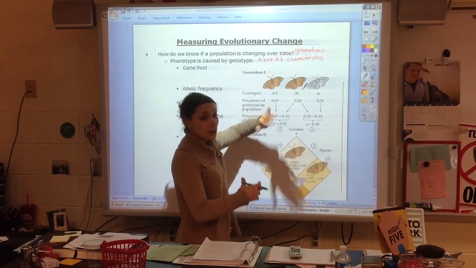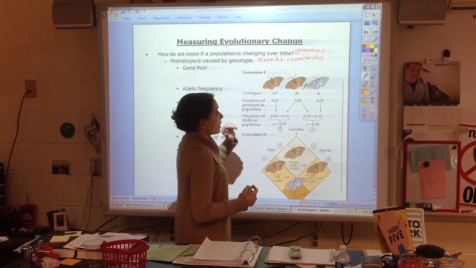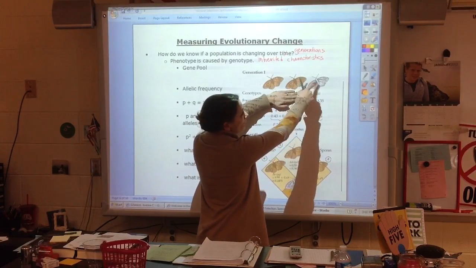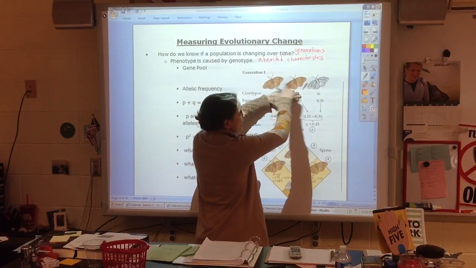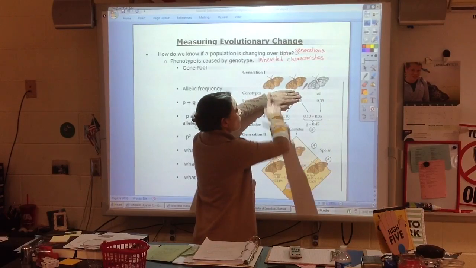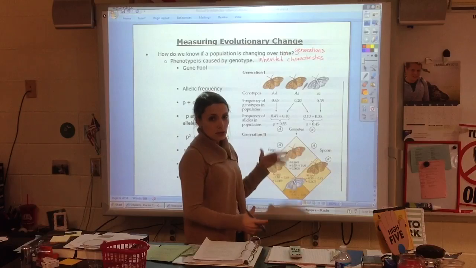You might need to be given a cross and examine the offspring. So, for example, if they were actually crossing these two and this were an offspring, we would know something. If these two mated and had this baby, we would know that white was recessive, and we would know that they were both heterozygote. So they're going to have to give you some sort of data.